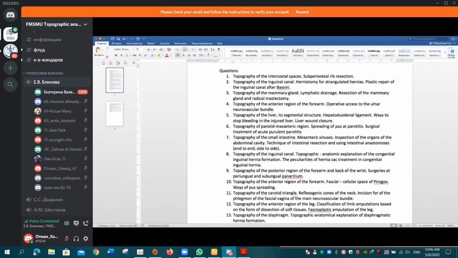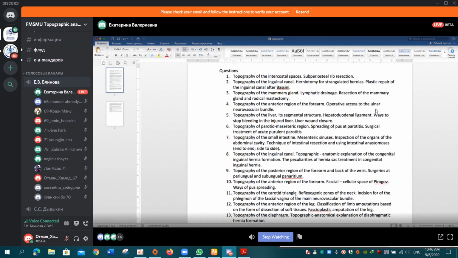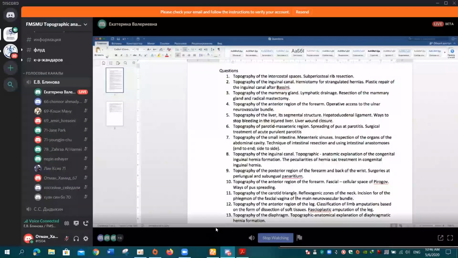If this nerve is damaged, the patient loses sensation on the palm surface of the fifth finger, fourth finger, and half of the third finger. On the dorsal surface, fifth finger and half of the fourth finger. And the patient will have a claw hand.